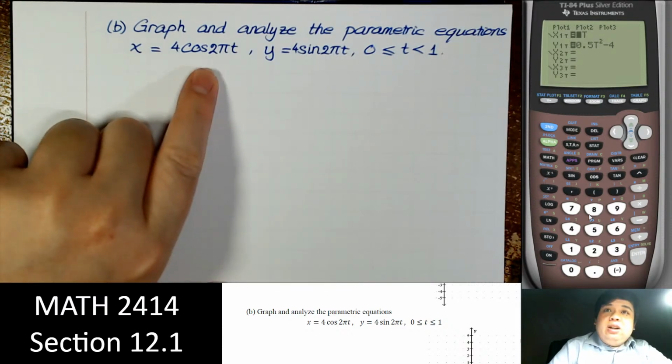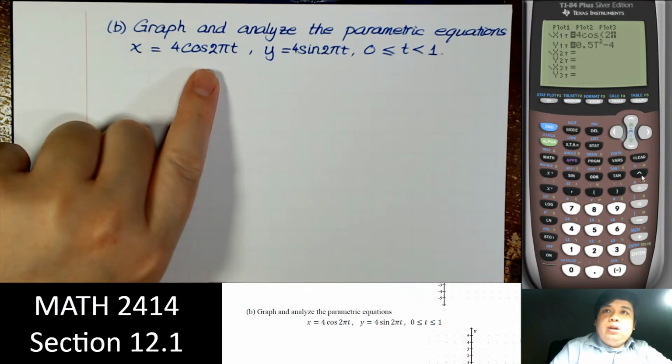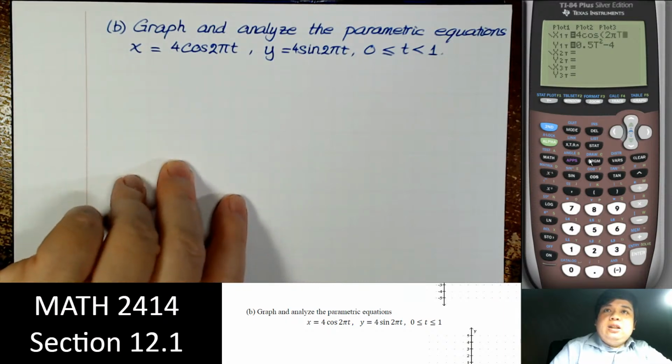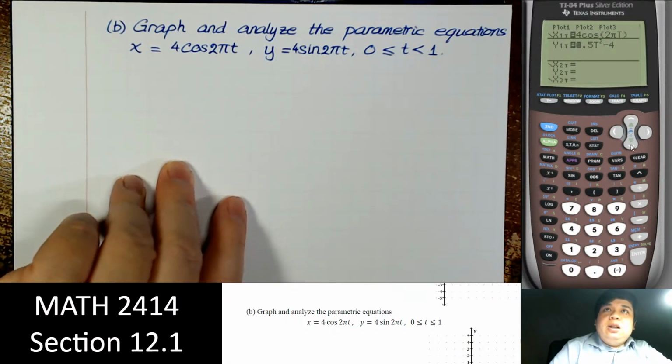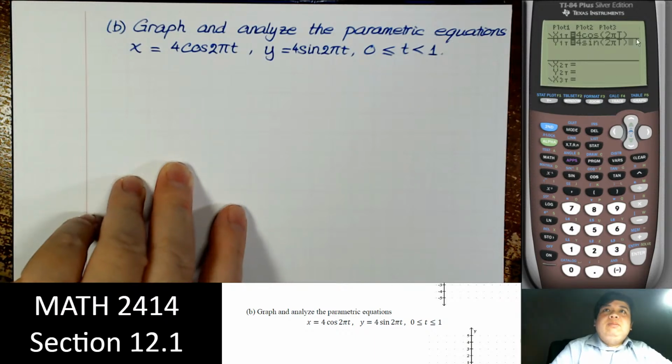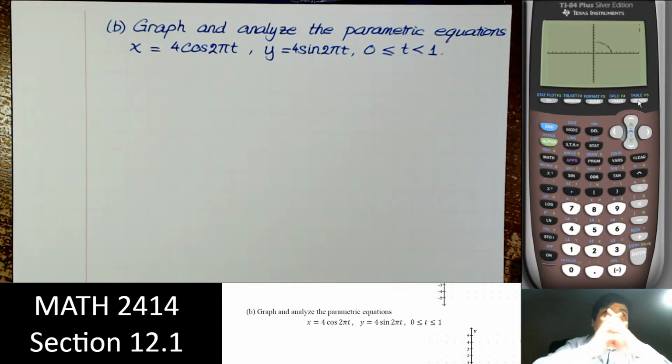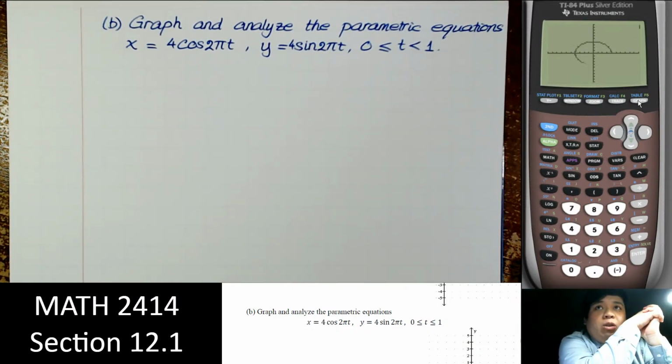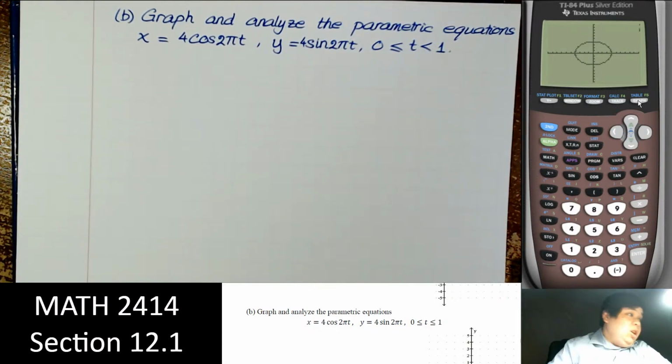Now we're going to graph 4 cosine of 2 pi t and 4 sine of 2 pi t, and we just graph. What the graph is, it looks like an ellipse, but actually it is.